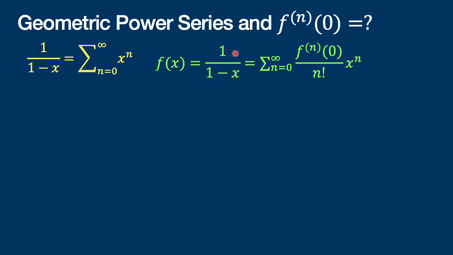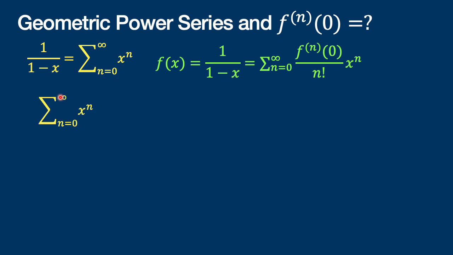The center is 0, so the Maclaurin series is the sum of f^(n)(0) over n factorial times x^n. What is f^(n)(0) over n factorial going to be? We're going to compare the geometric power series with the Maclaurin series for f(x).